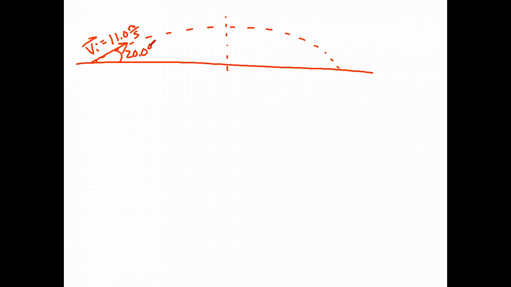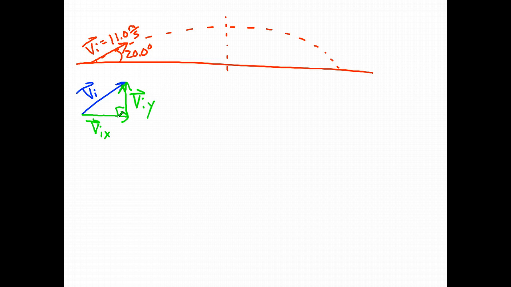If we set that up, this would be our initial velocity. This would be our initial velocity in the x direction, and up would be our initial velocity in the y direction. And that would be a right angle.